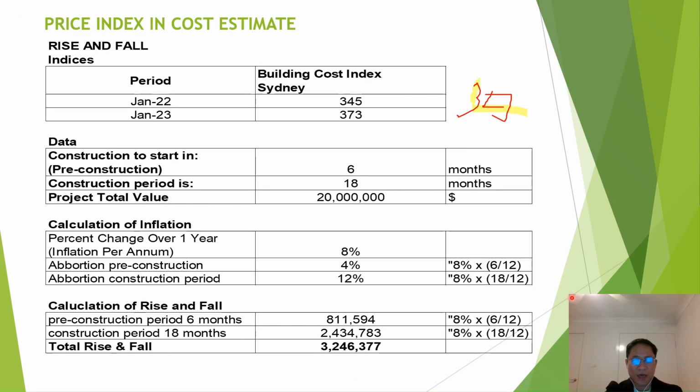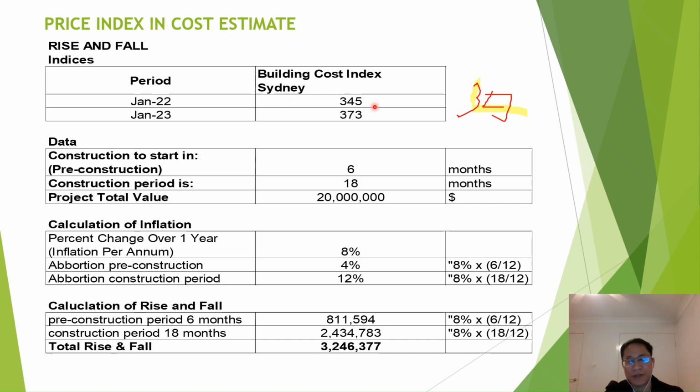So in this example, we will use our price index to do the estimating for the rise and fall of cost planning. In here, we have the indices for the period from January 2022 to January 2023, 1 year, and the building cost index.